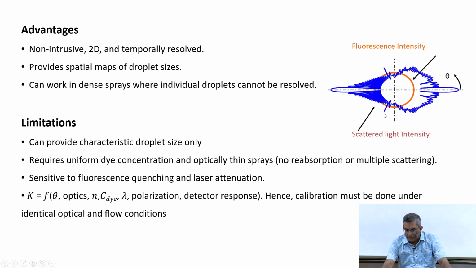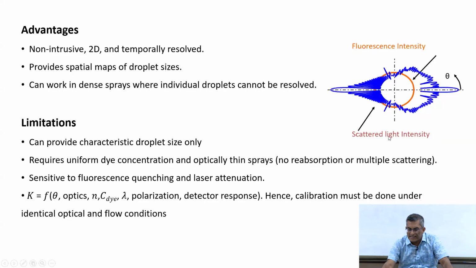You see, the fluorescence intensity, which is volumetric in nature, is also isotropic. You see this orange color, this is isotropic. It means the intensity won't vary with the angle or scattering angle.